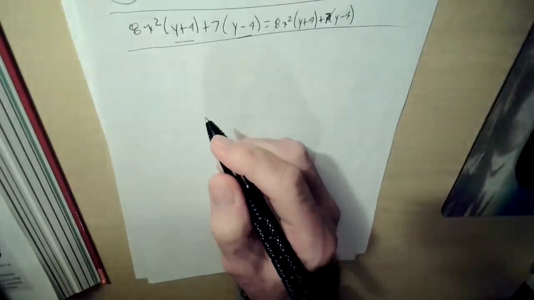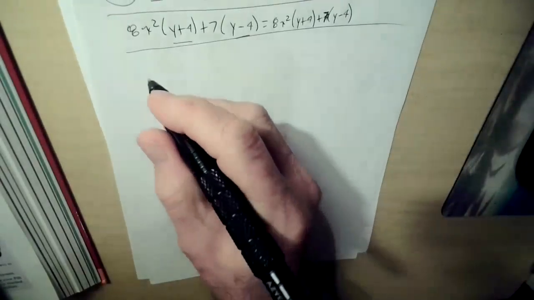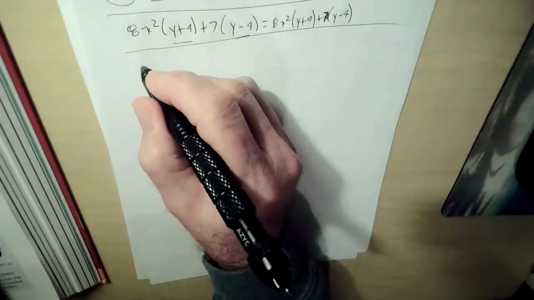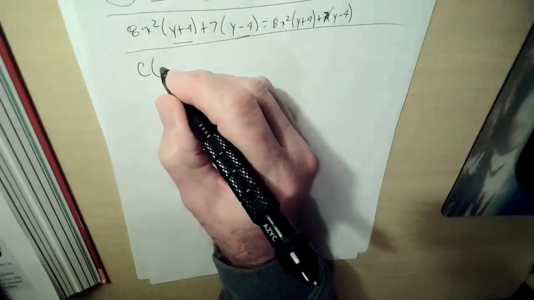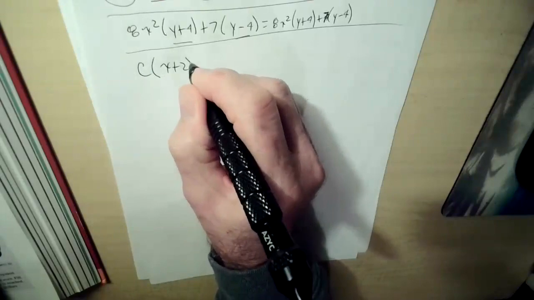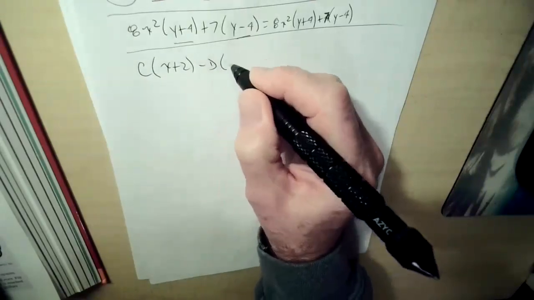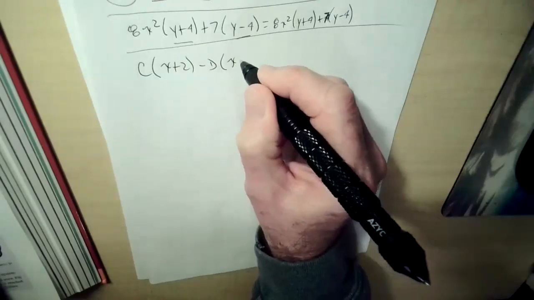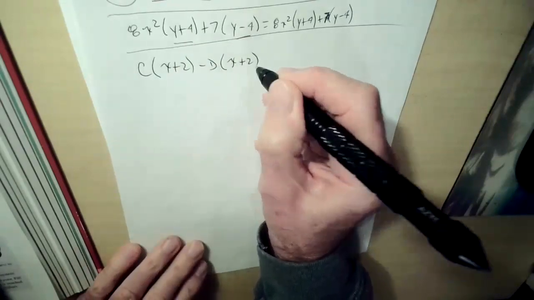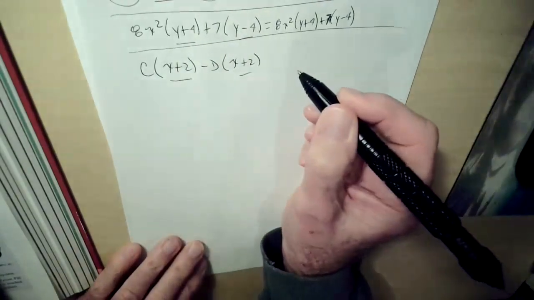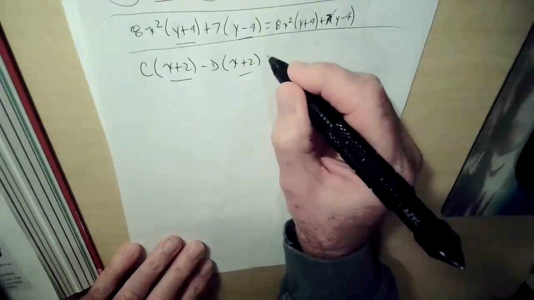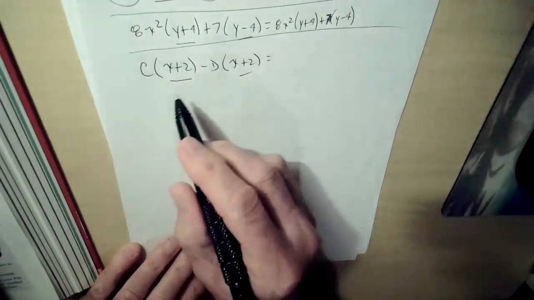Okay, let me do one more of these. One other thing might look a little different, but it's basically the same thing. If we have C times (x plus 2) minus D times (x plus 2).